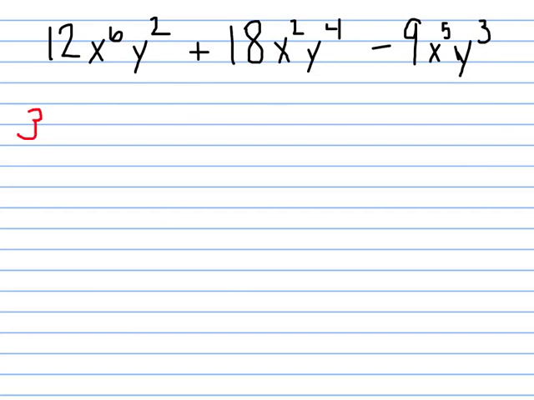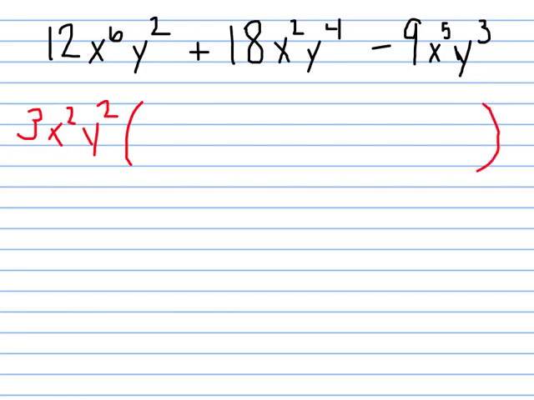Now let's look at the x's. We have x to the 6th, x squared, x to the 5th. The smallest power on those is x squared, so that will be the greatest common factor. And then we have the y's. Y squared, y fourth, y third. So y squared is also the greatest common factor.